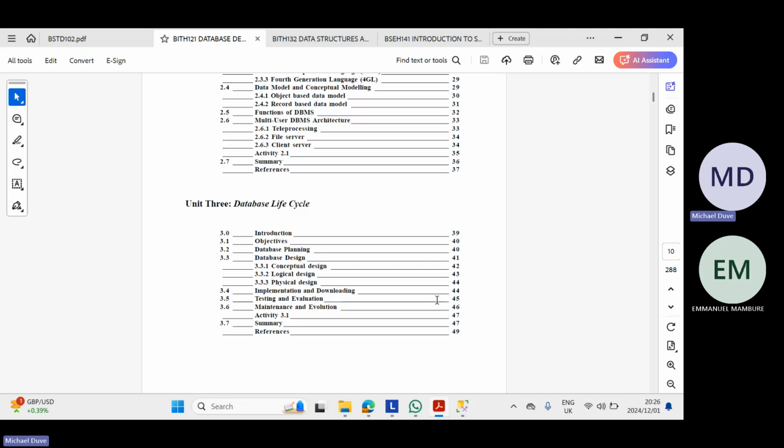An entity is the name of a thing, a place, or an item. Then you look into the attributes, the characteristics of the entity. Then the entity name will become a table name. The attribute name will become the column name, right? As you map from conceptual design, then to logical design, then to physical design, right? That is what you work with, right?